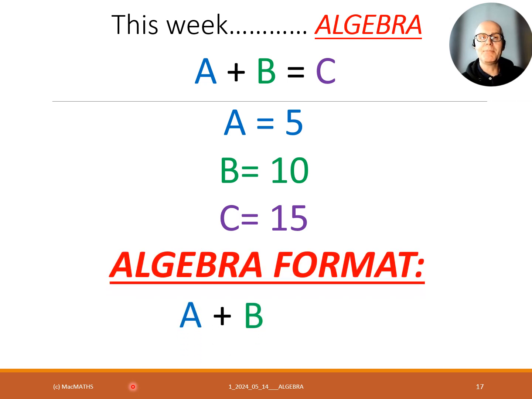Put them into A plus B equals C instead of X plus Y equals Z, and it still works out the exact same. 5 plus 10 equals 15. Most textbooks tend to use X, Y and Z, but there's no reason why you can't use whatever letters you like.